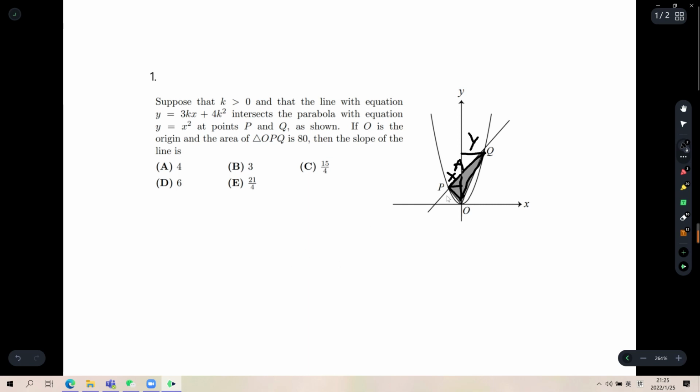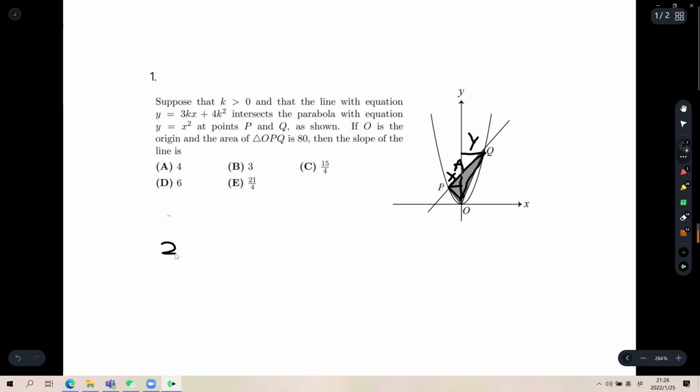And we can know that the areas of these two triangles are the side times x divided by 2 plus the side times y divided by 2.